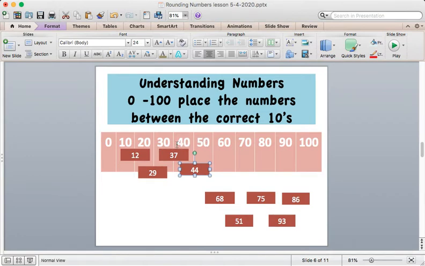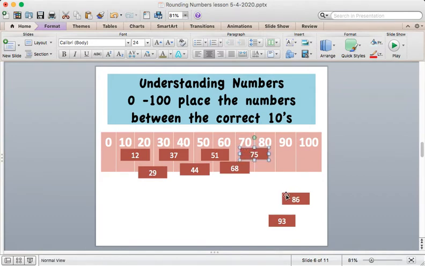It's not below 40 and it's not above 50. Between 50 and 60, 51 would fit. Between 60 and 70, 68 would fit. Between 70 and 80, 75 would fit. 86 fits between 80 and 90, and 93 would fit between 90 and 100.